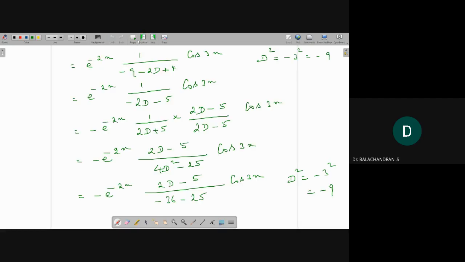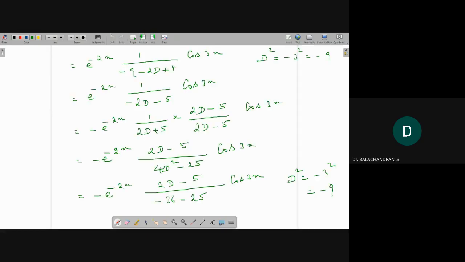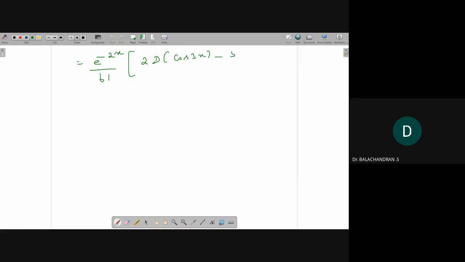What is remaining? 2 into differentiation of cos 3x, minus 5 into cos 3x. So if you simplify, e power minus 2x divided by 61. If you differentiate, you'll get minus 3 into sine 3x. So minus 3 into 2, 6 sine 3x minus 5 cos 3x.